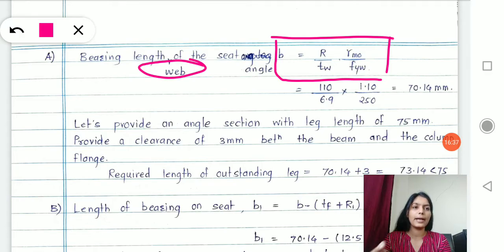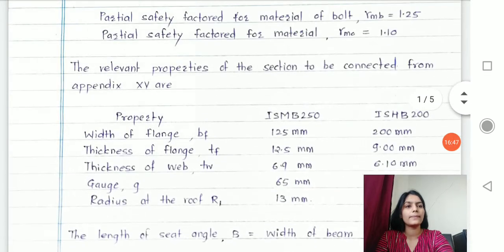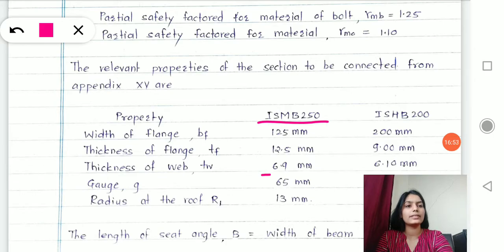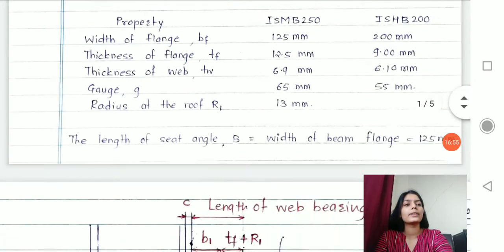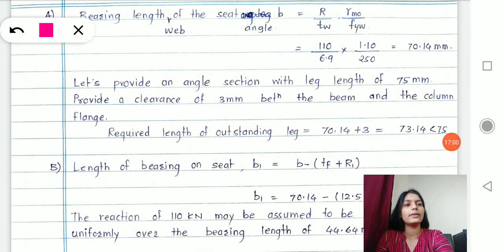Gamma m0 we know is 1.10, fyw is 250, thickness of web is 6.9, which we have enlisted in the properties of beam. Thickness of web of ISMB 250 is 6.9, and R value is 110. From there we come to know the bearing length of web of your beam is 70.14 mm.